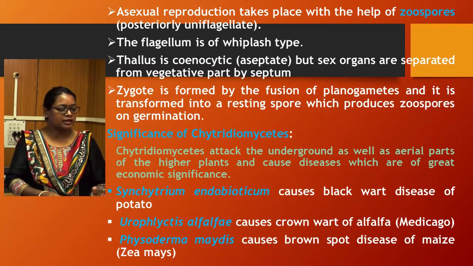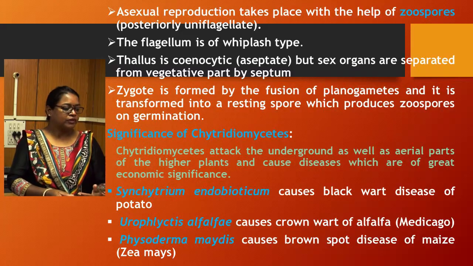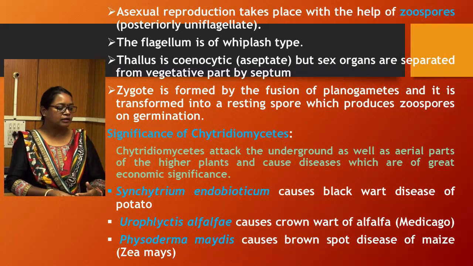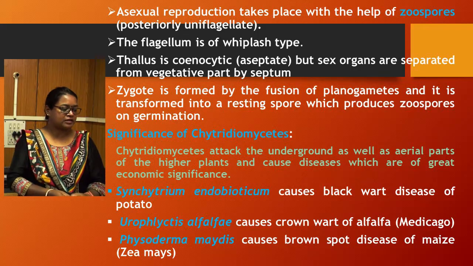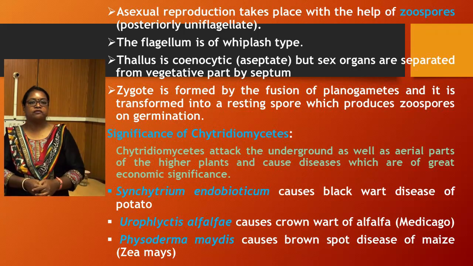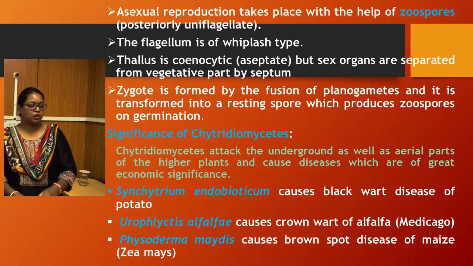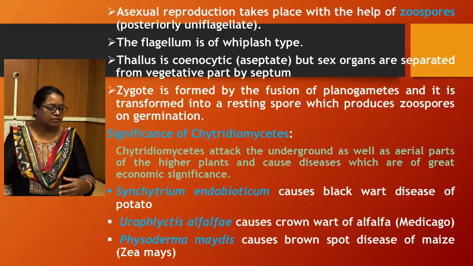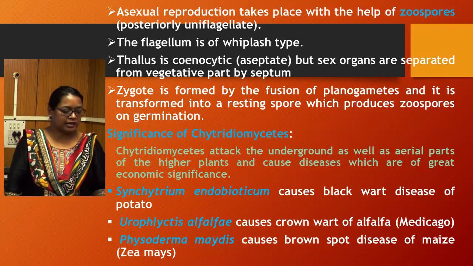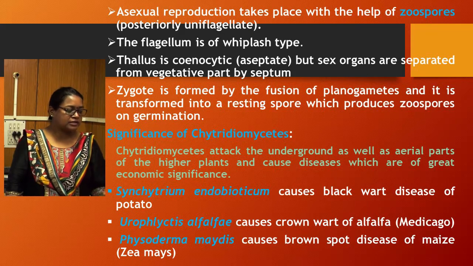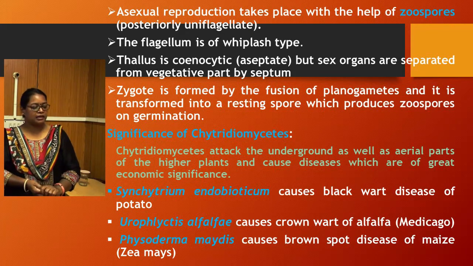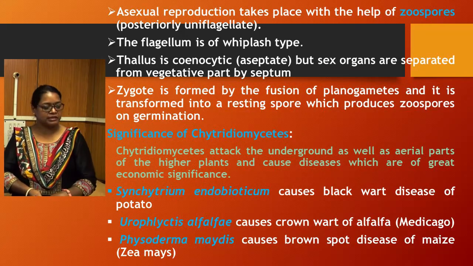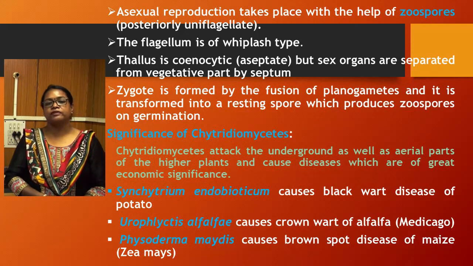Zygote is its sexual spore, which is transformed into resting spore which produces zoospores on germination. Some significant features of Chytridiomycetes: they attack underground as well as aerial parts of higher plants and cause diseases which are of great importance.